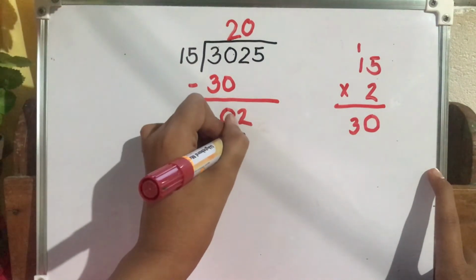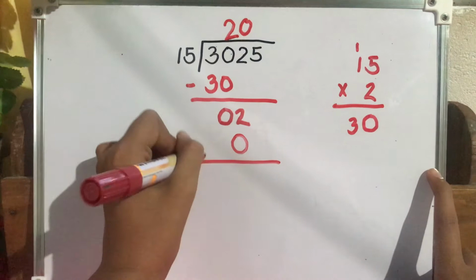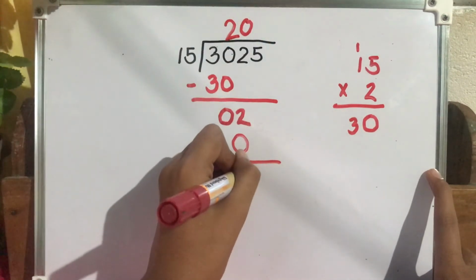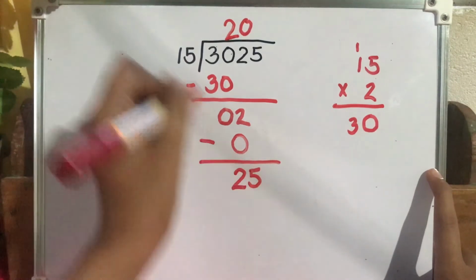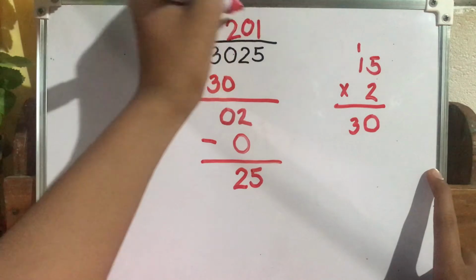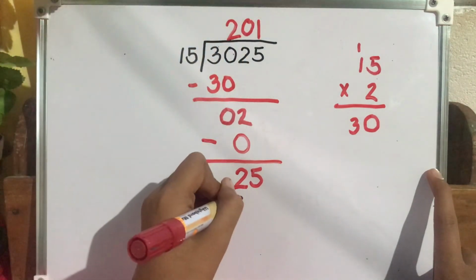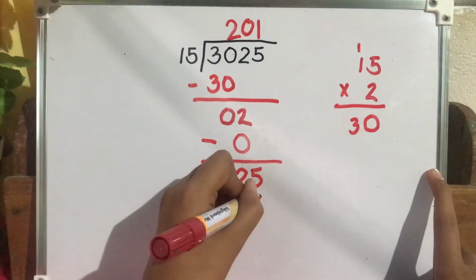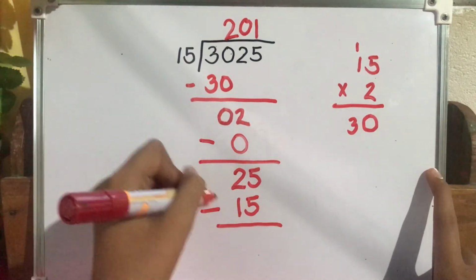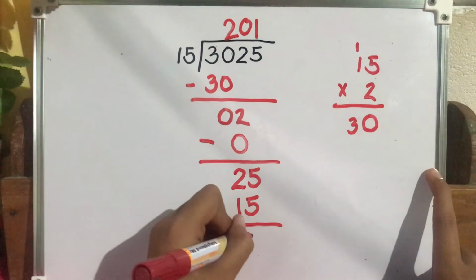Anything that is multiplied by 0 is 0. Then subtract. So that's 2. Bring down 5. 25 divided by 15 equals 1. And then 1 times 15 equals 15. Subtract. So 25 minus 15 equals 10.